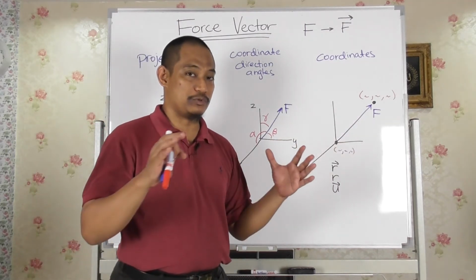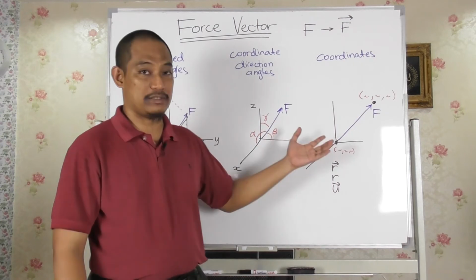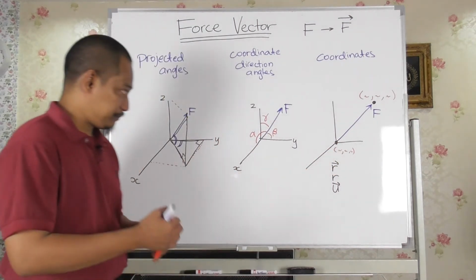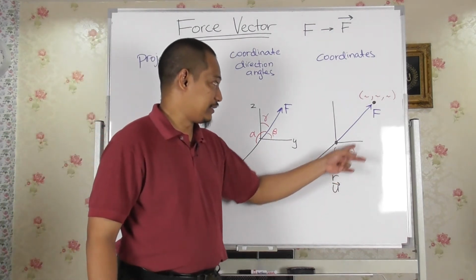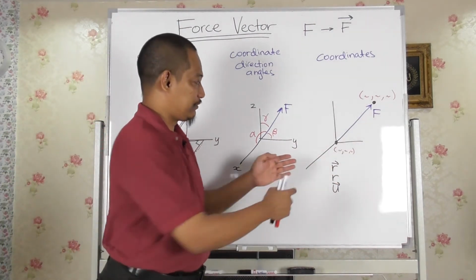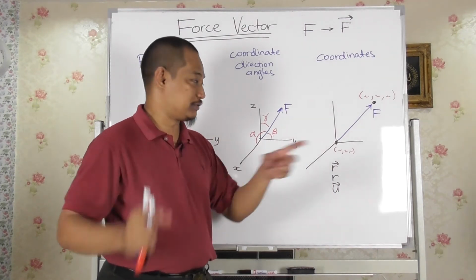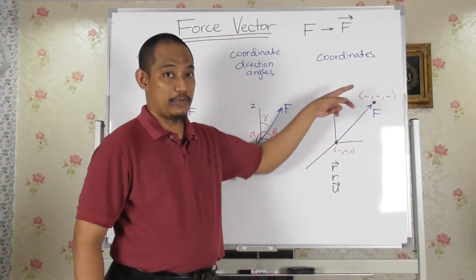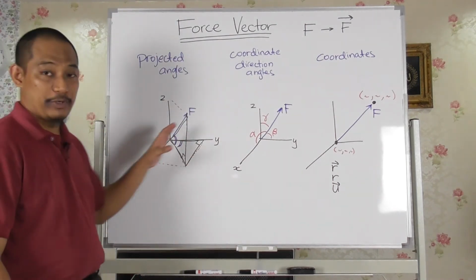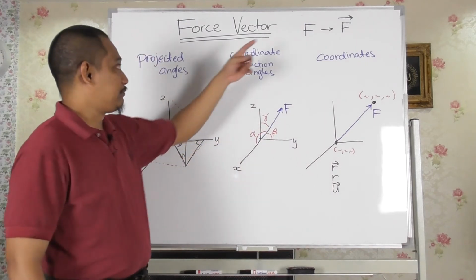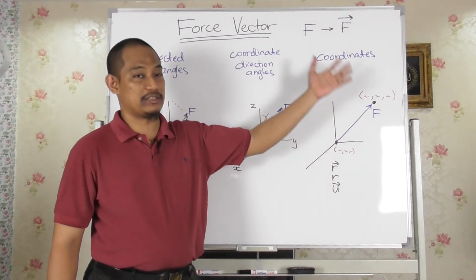So you need to know how to utilize these three different types of information. Of course, normally the coordinate is not directly given. It is given in terms of some distances, and you need to use all those distances to determine the coordinates of the two points. That is in terms of the question: how to get from the question to the force in vector form before you can actually use it in your calculation.